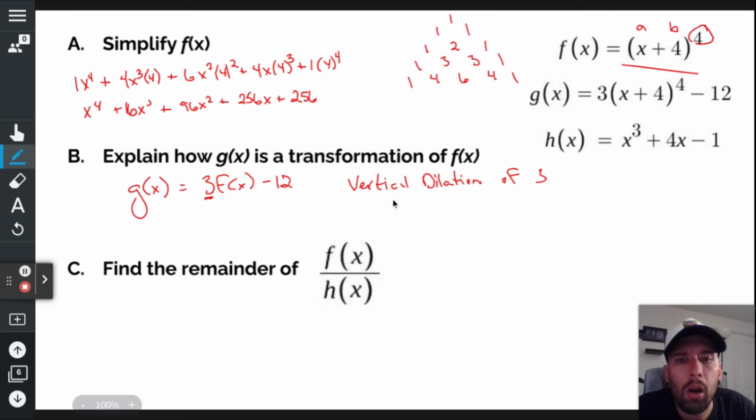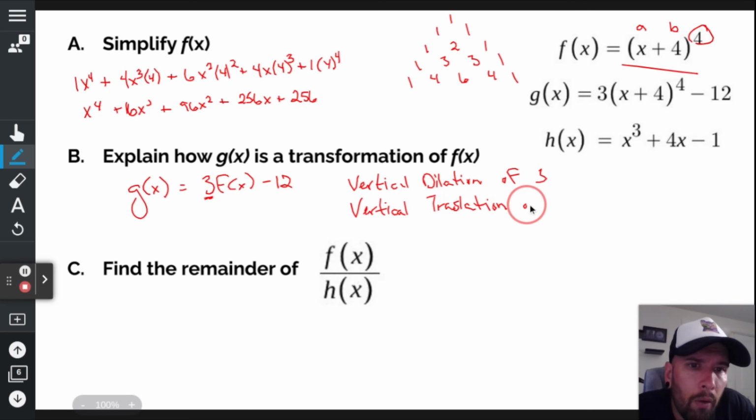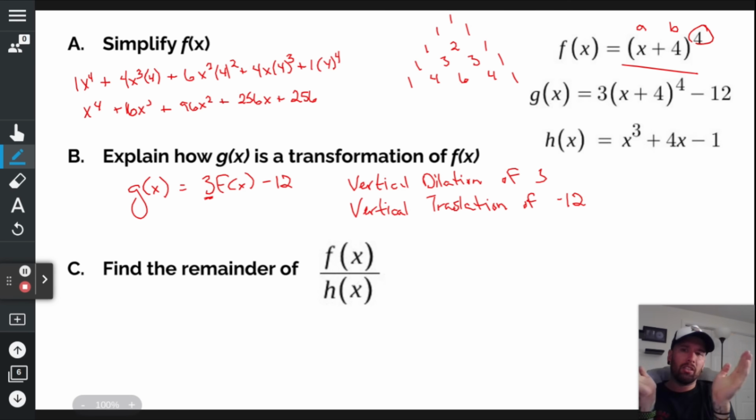They might use the word translation or shift, whatever wording they use, so a vertical translation or shift of 12, which means we move 12. So a vertical dilation of 3 implies that I stretch it, make it skinnier, and then move it down a bunch.